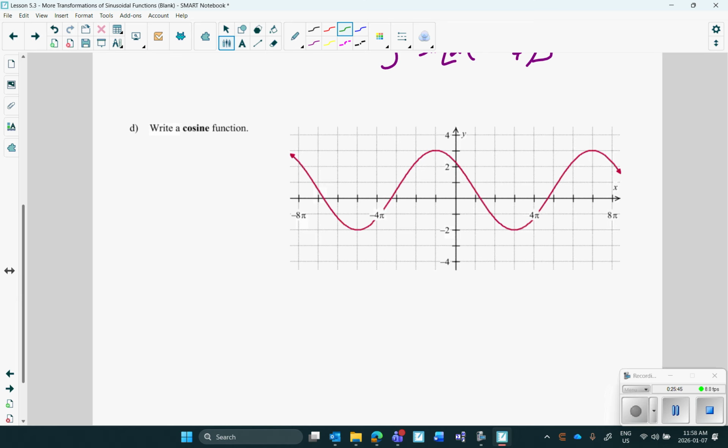This is one where you may want to do the max plus min divide 2, because the mid is not quite straightforward to see. What's the max plus the min?